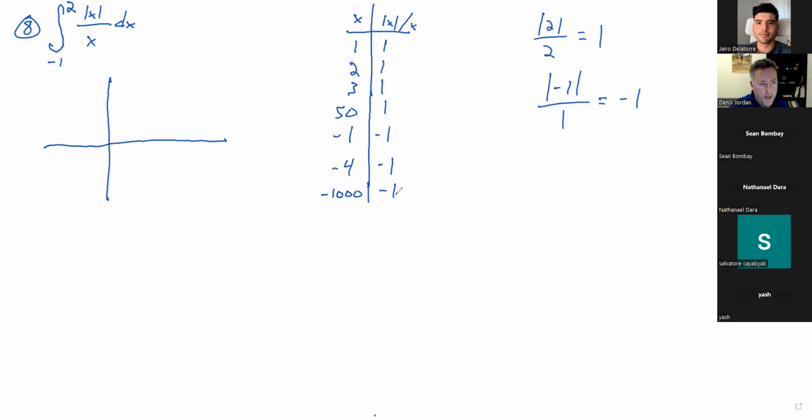So if it's anything larger than 0, it's 1. If it's anything smaller than 0, it's -1. So your graph is a horizontal line out to the right at 1, and then a horizontal line out to the left at -1.